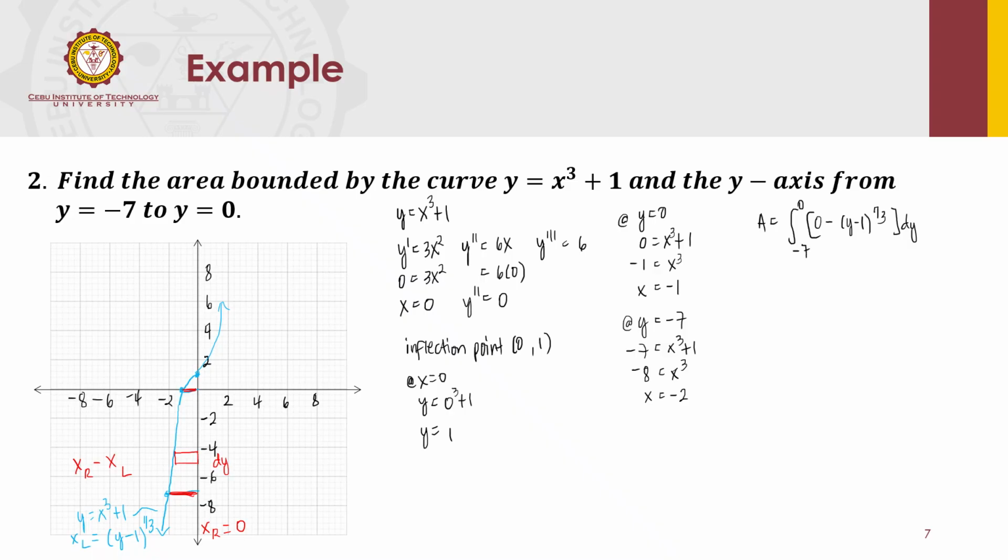Since the area is to the left of the y-axis, that's why you have a negative sign here: 0 minus something, meaning negative. So you can put a negative sign outside.